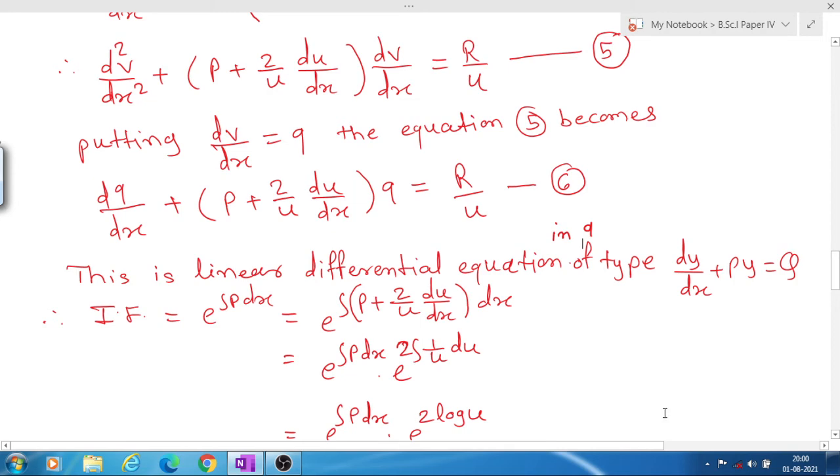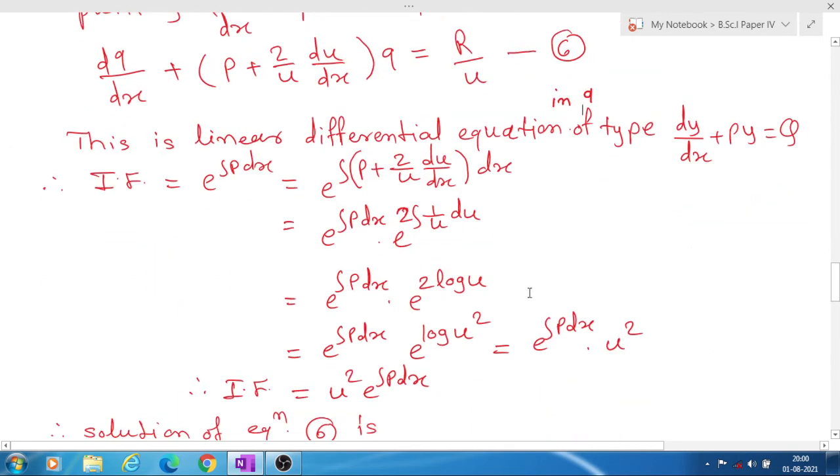So comparing to the linear differential equation, here the variable, instead of y, is q only. Now for the solution of a linear differential equation we have to find the integrating factor.